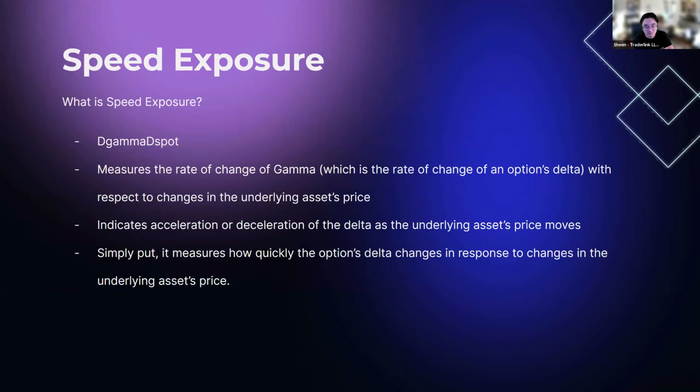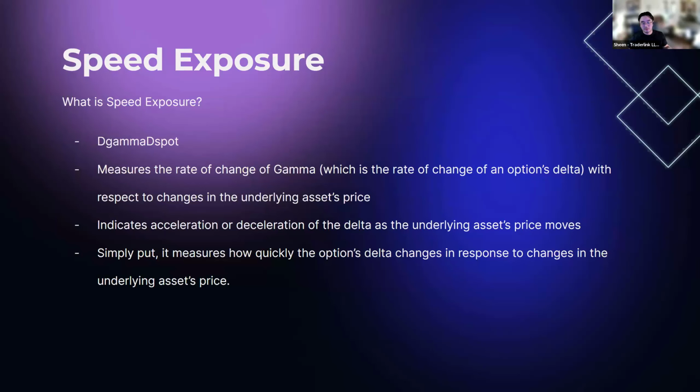That's something that we kind of just say to try to get people to understand it. So it measures the rate of change of gamma with respect to changes in the underlying asset's price, right? So it's kind of just measuring the rate of change of an option's delta truly, the simplest version of it. It indicates whether or not an option's delta will have an increase in acceleration or deceleration as the underlying asset's price moves.